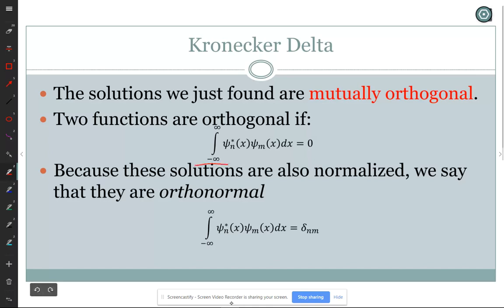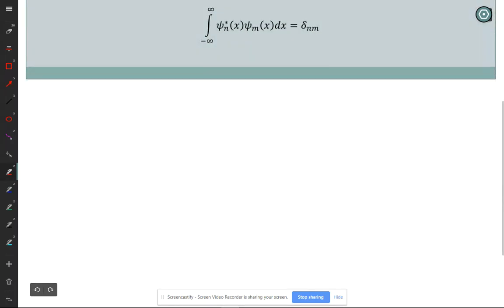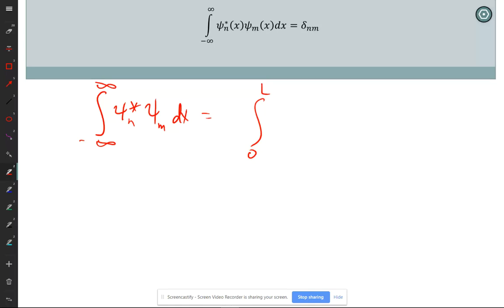So we're going to test this. The integral of psi star psi dx. Now it's from minus infinity to plus infinity, but our wave functions were 0 outside of the box. So I'll put here minus infinity to plus infinity, and I'll put n and m for my subscripts. That's going to be an integral that just goes from 0 to L because my psi and psi star were 0 outside of 0 and L. Is it very clear why I changed my limits here?